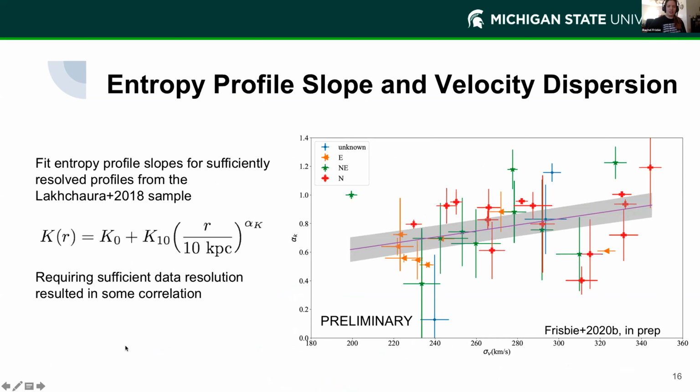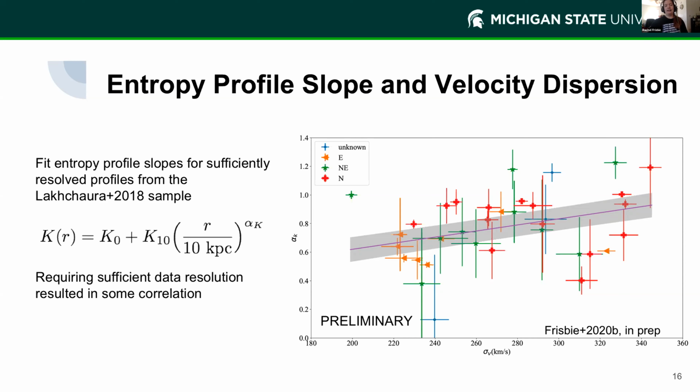So here, sufficiently resolved means they need to have at least 4 points between 1 to 10 kiloparsecs, because 1 to 10 kiloparsecs is where, if the effects of the type 1a supernova could be observed, we would see that effect. And we need at least 4 points to obtain a statistically robust fit.